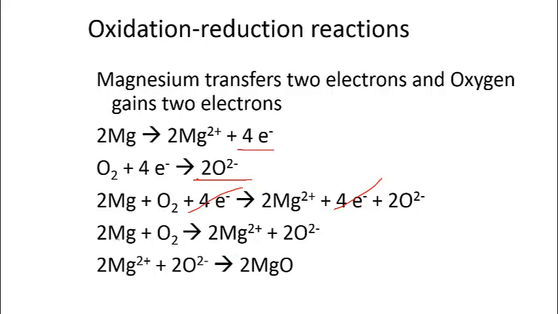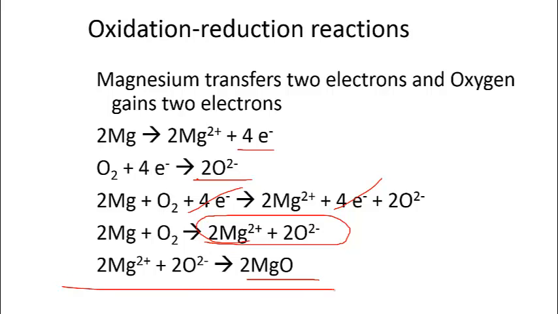And we obtain the expression 2 magnesium plus O2 yields 2 Mg2+ plus 2 O2-. Now, we know that magnesium and oxygen are going to come together to form our desired compound, which is our solid magnesium oxide. So we can write the final expression as this.